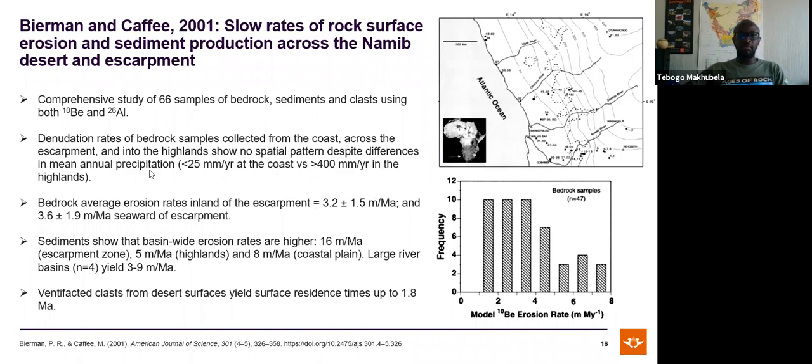Despite that, the mean annual precipitation of the areas, for example, in the coast is less than 25 millimeters per year, whereas in the highlands, it is greater than 400 millimeters per year.